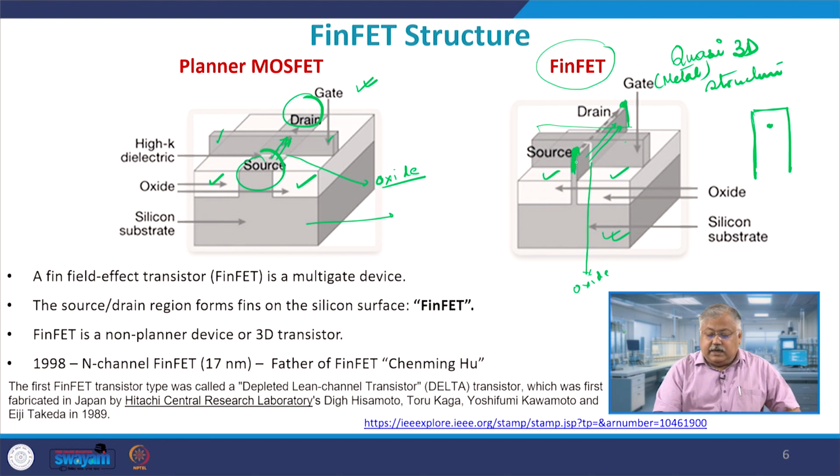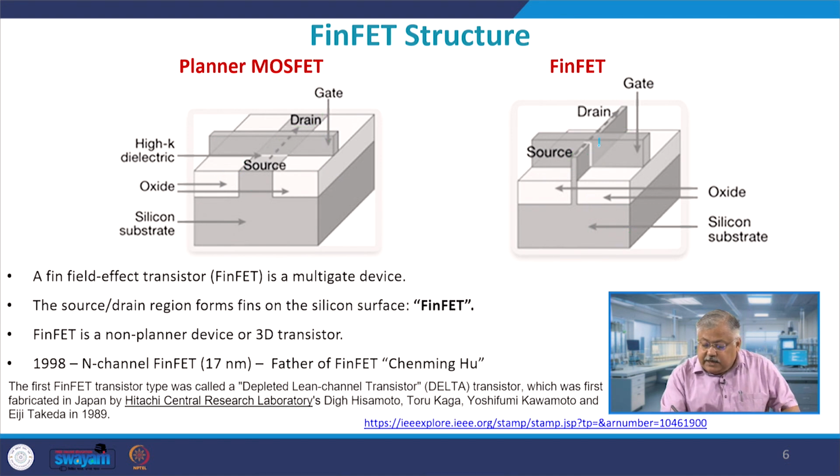Since the gate is now surrounding the channel in three directions, what are the three directions? This, and where is the channel formed? The channel is here, and then on the back side you will have the channel.